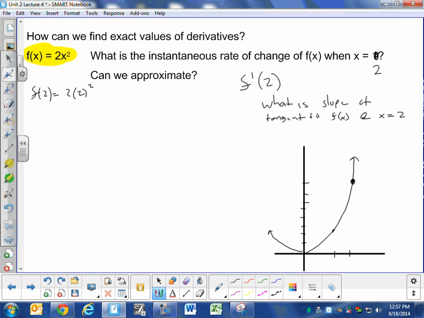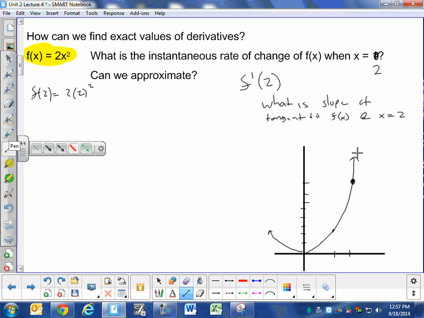Okay, well, if I have a calculator, what can I do to find a good approximation of that slope? So it's going to be this slope right here. Yeah, we can go to either side.